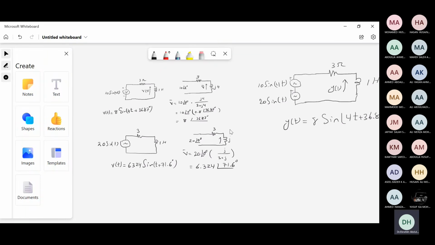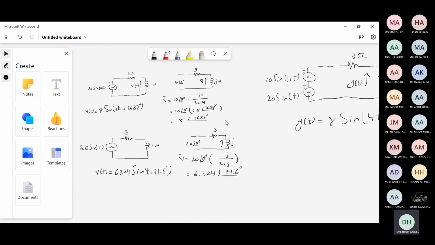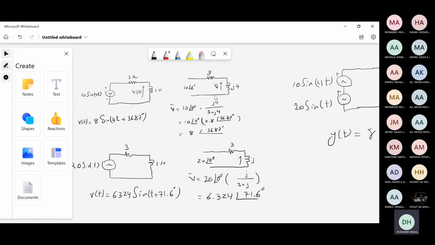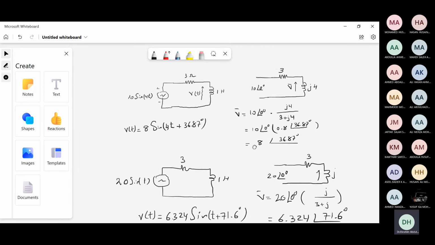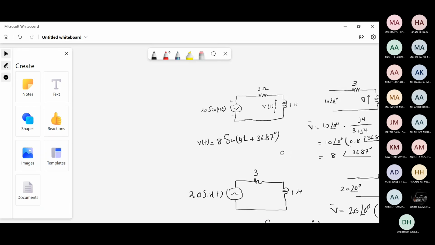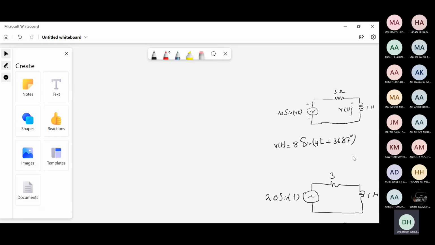So let me see how we can find the output directly, without going to the phasor. I want to find the output from here directly. So what I have is a system.